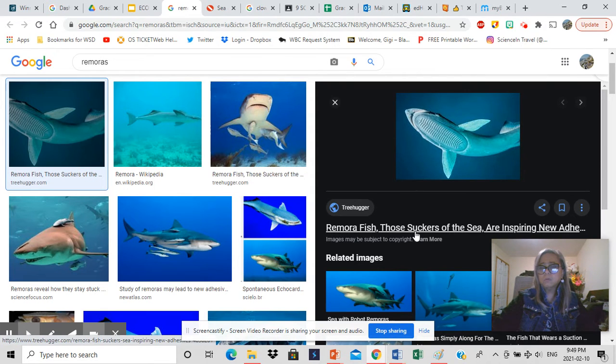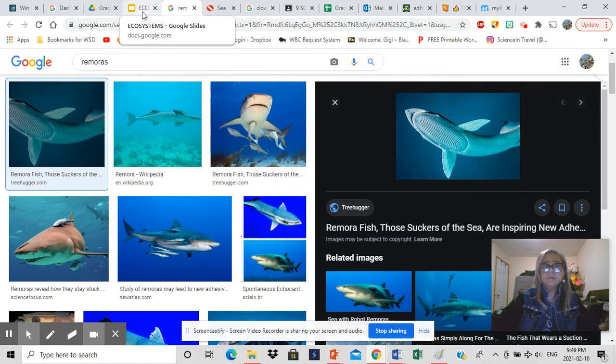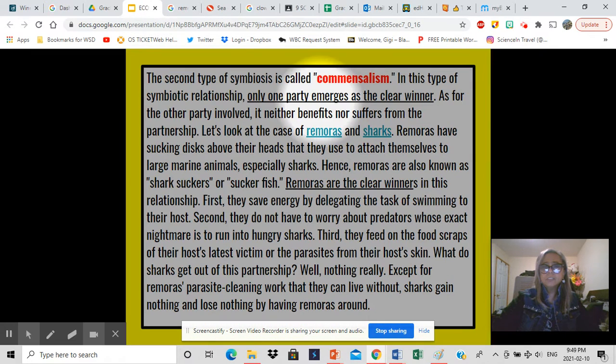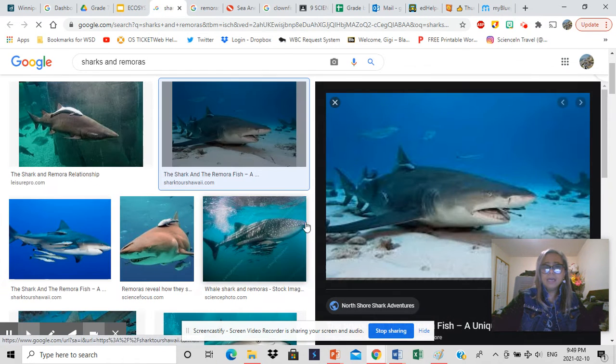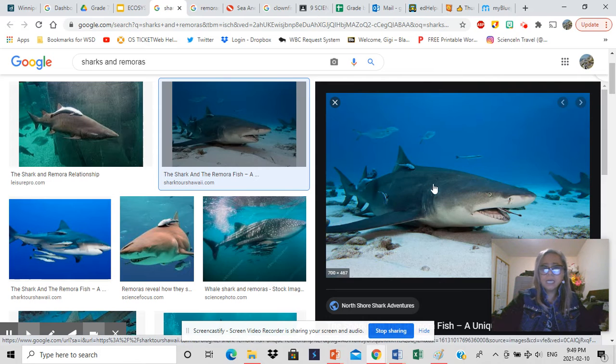They're also called the suckers of the sea. And of course, sharks, you know how they look, right? So you can check out the sharks here with the remoras on top of them, right? And that's made possible because of the sucker-like belly.